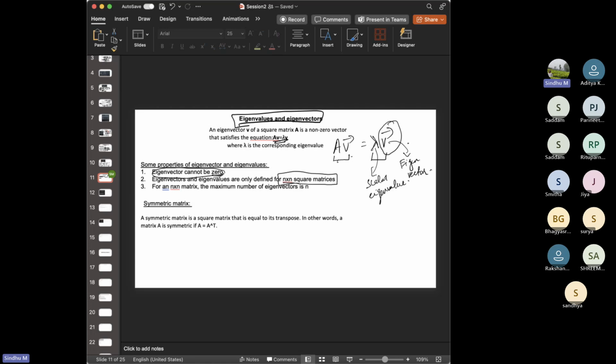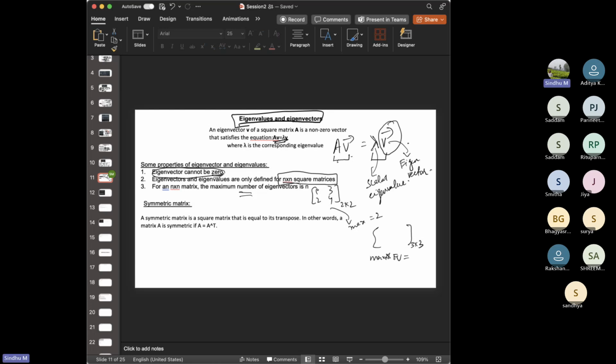For a square matrix which has n rows and columns, like maybe 2 cross 2, the maximum number of eigenvectors will be 2. For a 3 cross 3, the maximum number of eigenvectors would be 3.